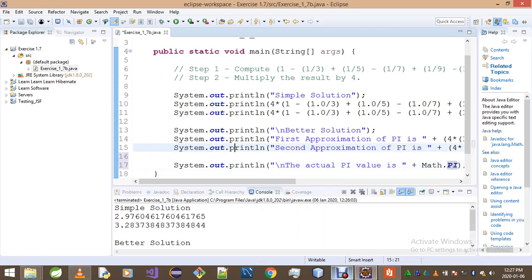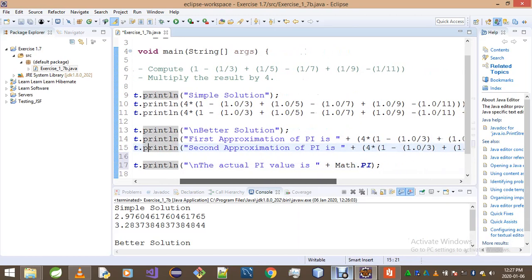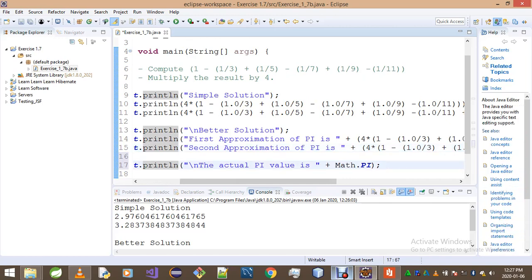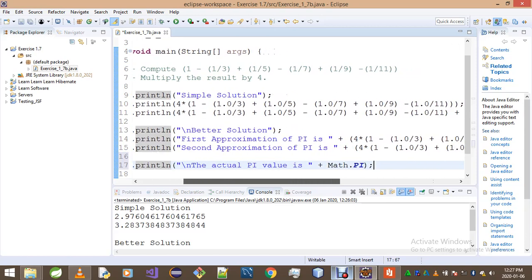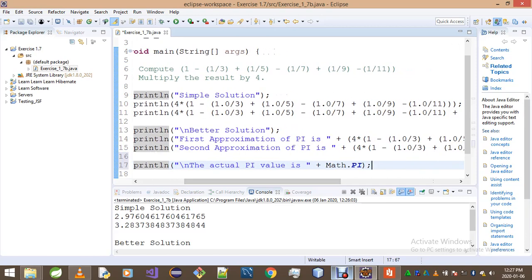What is Math.PI? Math.PI is nothing else but a constant that is defined within the Math class. So whenever you want to work with pi, you don't want to keep using the approximated value. You've got to use the exact value of pi, which is Math.PI. As I mentioned before, whenever you want to work with math functions, mathematical equations, and so on, you've got to check out the Math class.